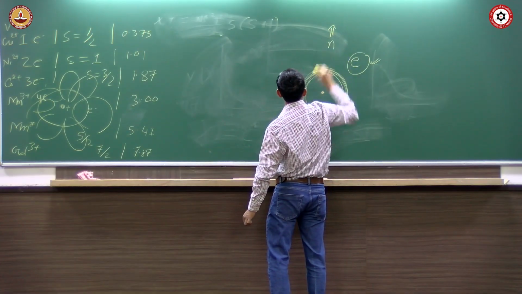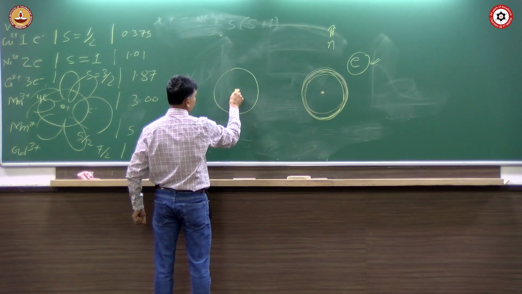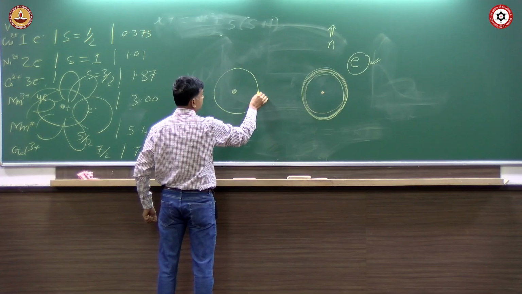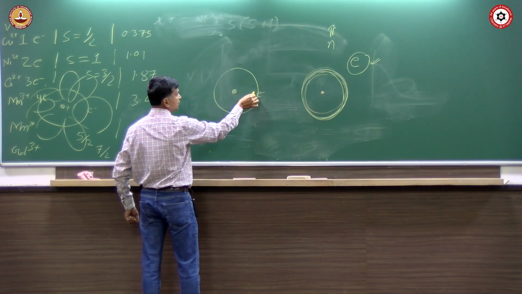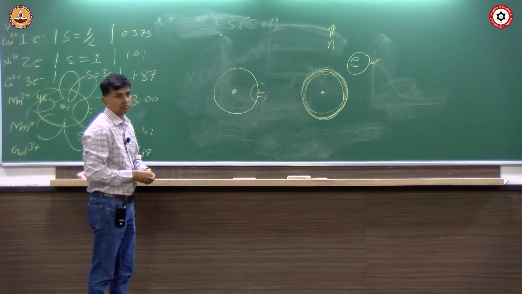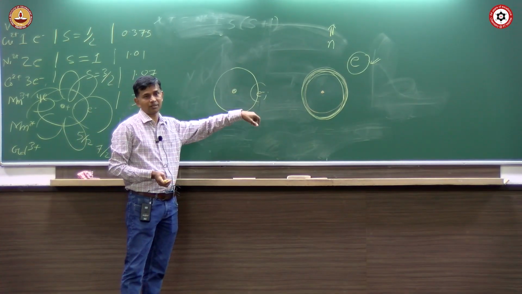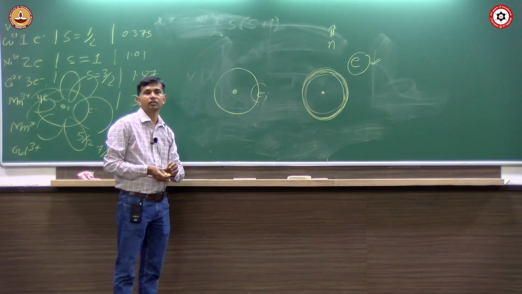Now in EPR, what are we doing? We have the same nucleus, same electron. Now we are trying to probe the electron and see its own effect, and also the effect through coupling. EPR spectroscopy is not without the nucleus effect, and you see both.